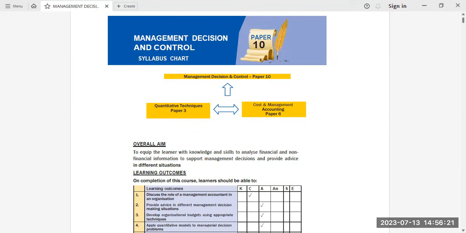However, when we look at the performance in the previous sittings, the pass rate for this paper is not all that good. But if you put in your efforts, I will try to make sure we simplify all the concepts for you as much as I can, but the whole idea is entirely on the student.